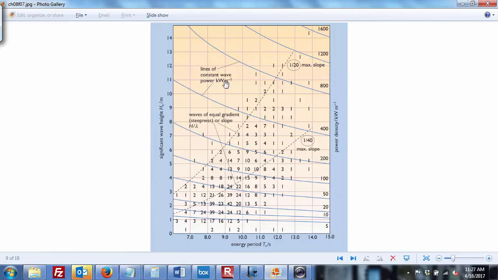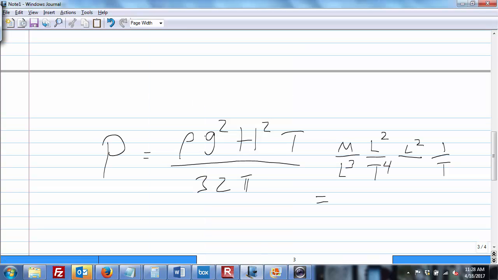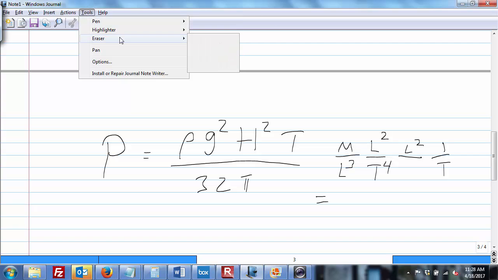Because this, as I said before, there's your kilowatts per meter. There's your height. Okay, so density again, mass per length cubed, gravity squared, so it's length squared over time to the 4th. H squared, that's going to be L squared, and this is time. That time has to flip.